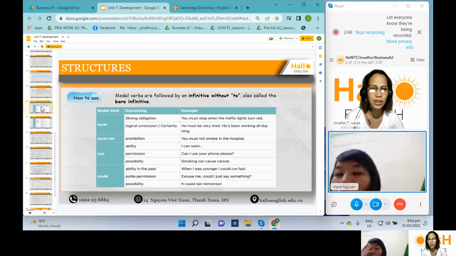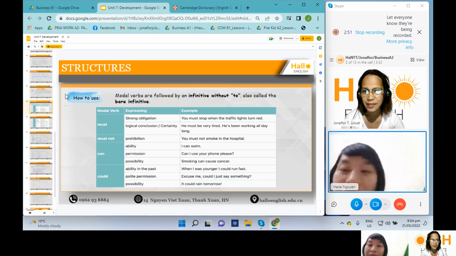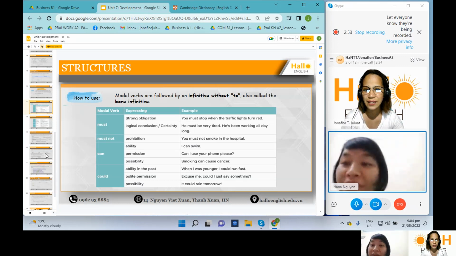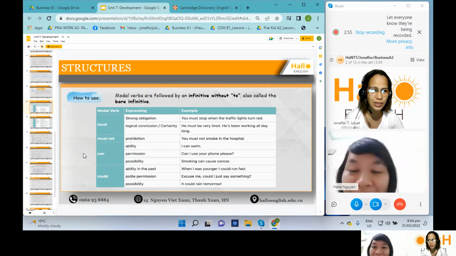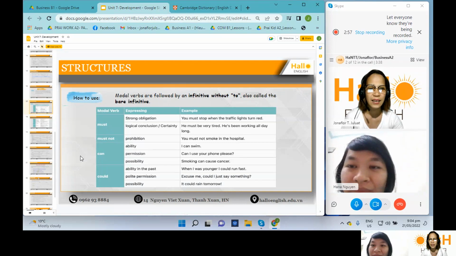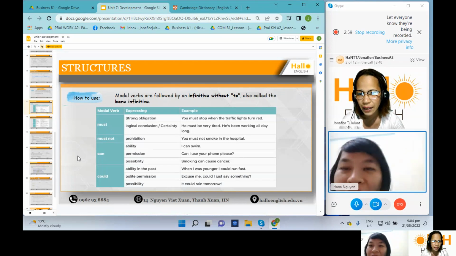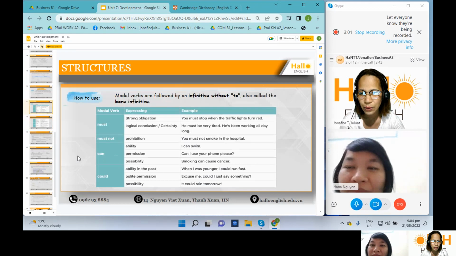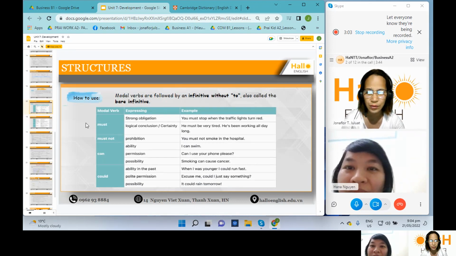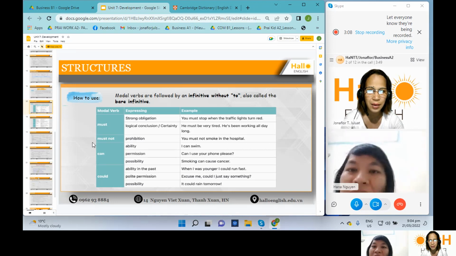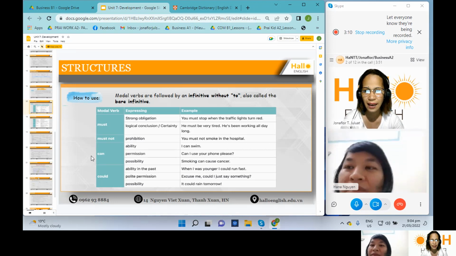We discussed modal verbs and how to use modal verbs. Okay, so let's continue this lesson. We studied must, must not, can, and could.